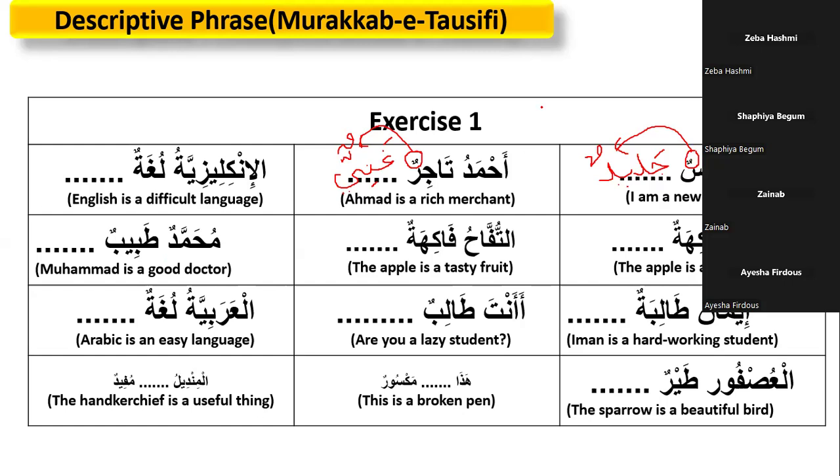Yes, anyone knows? Otherwise I can move to the next and you think and tell me. Difficult, usrun. Yes, usrun. So which one is widely used for difficult in Arabic?